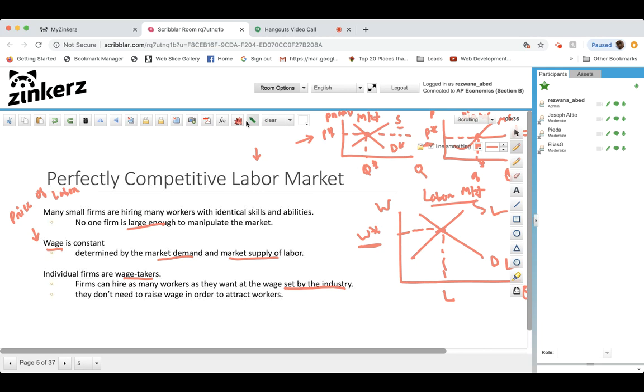Just like in the product market, where supply and demand intersect gives you the equilibrium price, it's the same idea in the labor market: the supply of labor and demand for labor curves intersect with each other. That's where we get the equilibrium wage rate, and how many workers are going to be hired at this equilibrium wage rate.